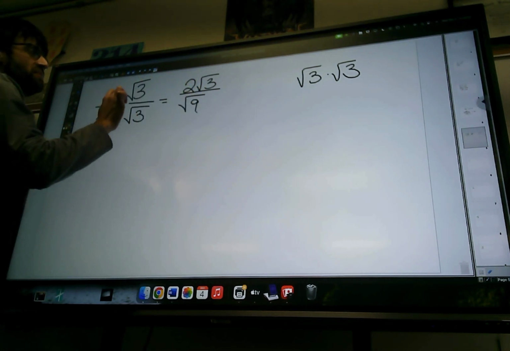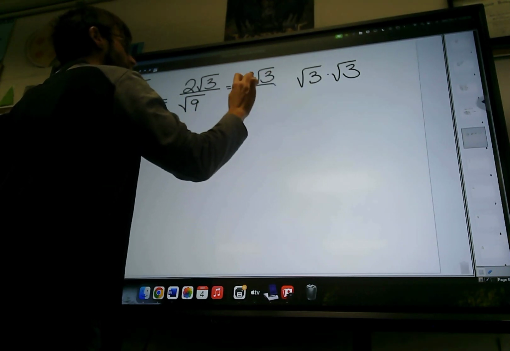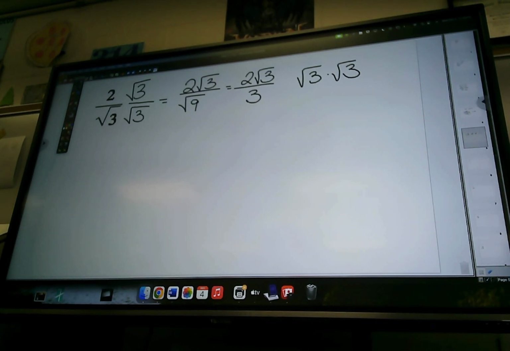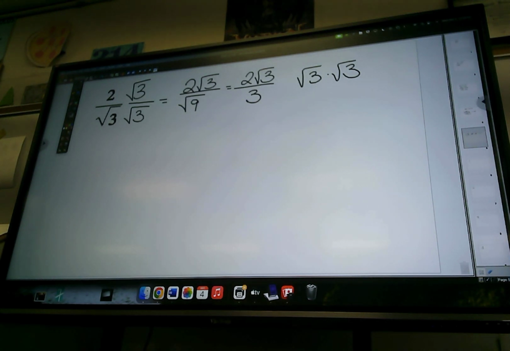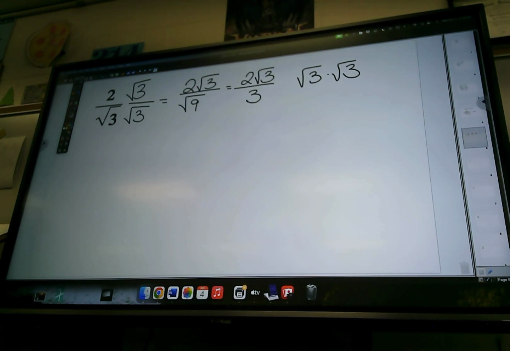And the square root of 9 is 3. So I'm going to have the same fraction being 2 square root of 3 over 3. It's the exact same value as 2 over the square root of 3. Questions?